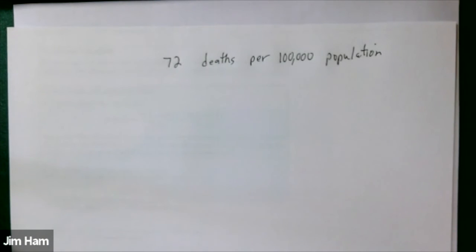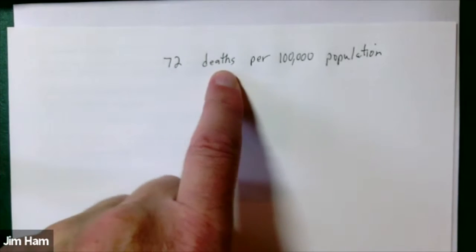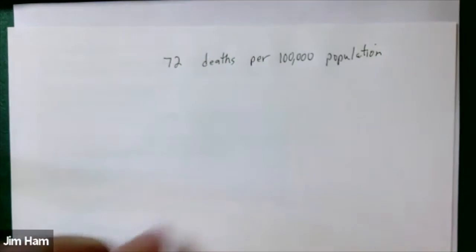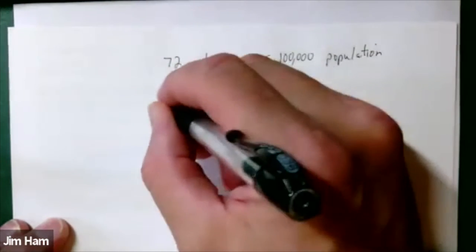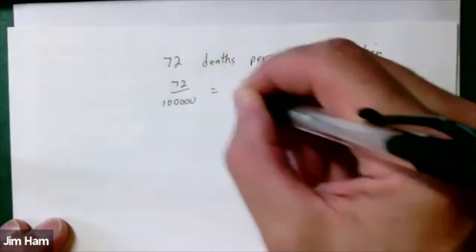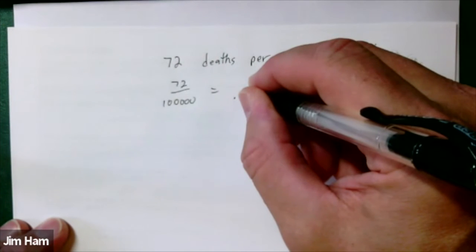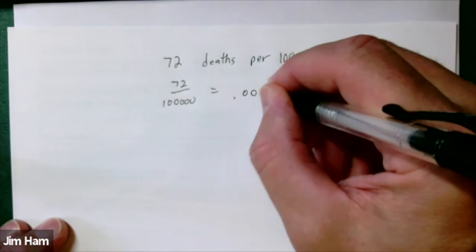Right now, they keep track of this. If you go to the CDC site and look at county data, in the county of Saginaw, I believe the death rate is 72 deaths per 100,000. So if you take 72 and divide by 100,000, you get 0.00072.